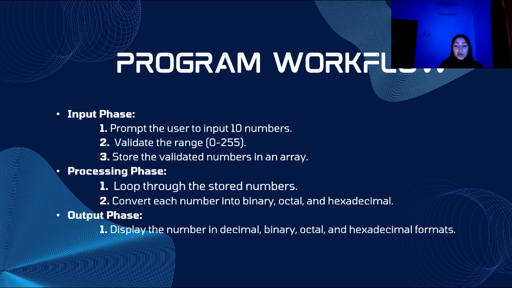These steps ensure clarity and allow the user to validate the conversion. This workflow illustrates the seamless integration of input validation, data processing, and output generation in a structured and efficient manner.